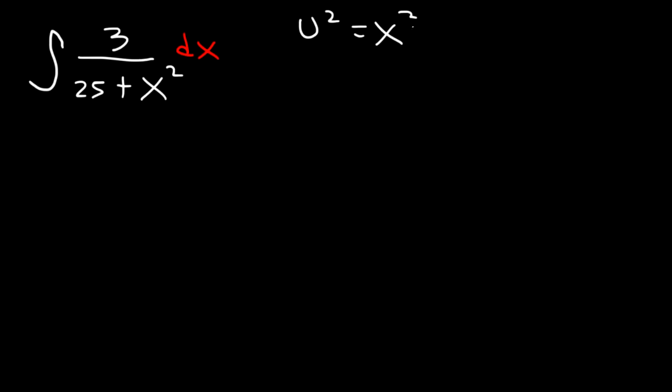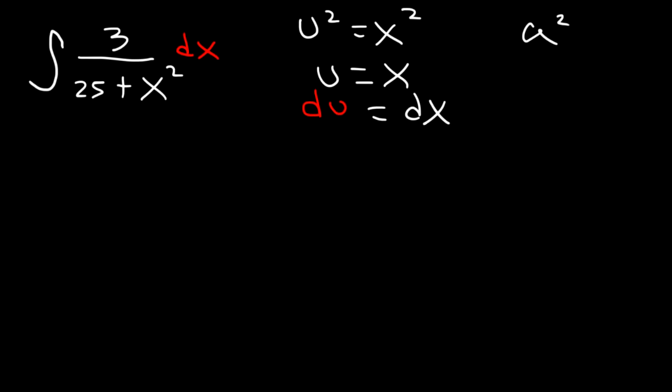Let's work on another example. What about the antiderivative of 3 over 25 plus x squared dx? So feel free to pause the video and try this example. So u squared is going to be equal to x squared, which means u is x and du will be equal to dx.